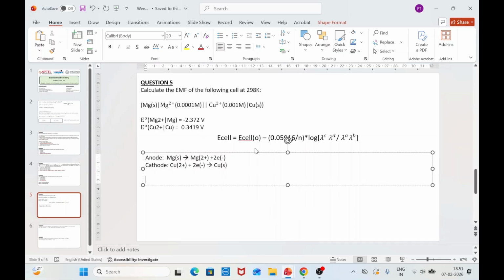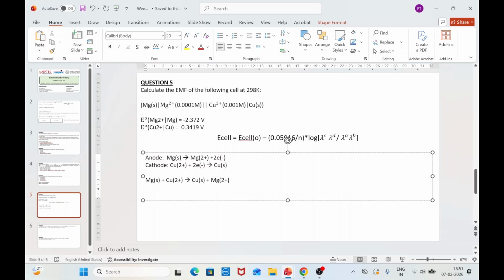So if you write the entire reaction, then it's going to be magnesium solid plus copper 2 plus ions gives copper solid plus magnesium 2 plus ions.